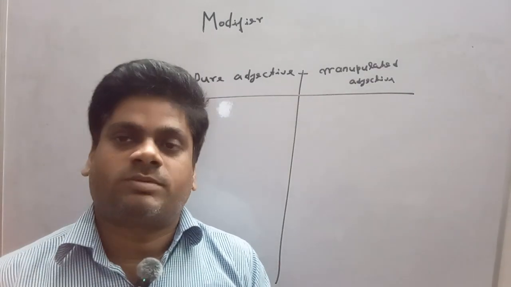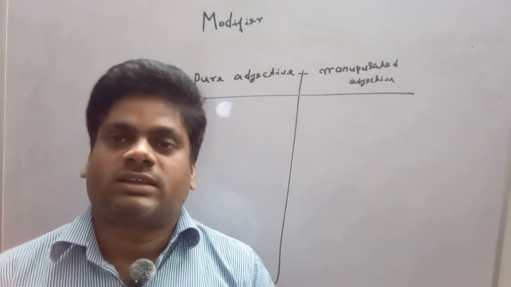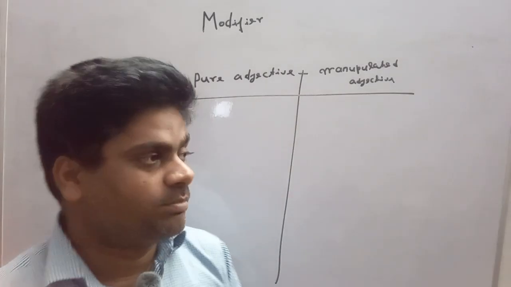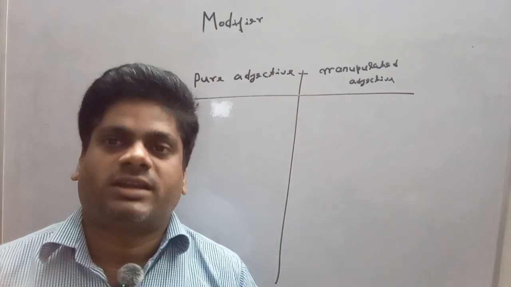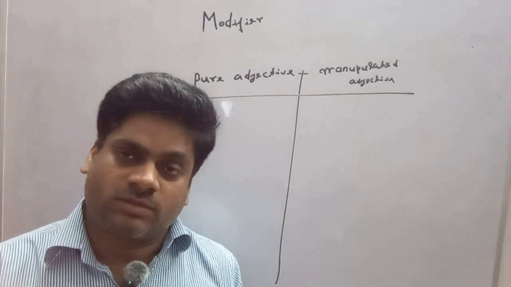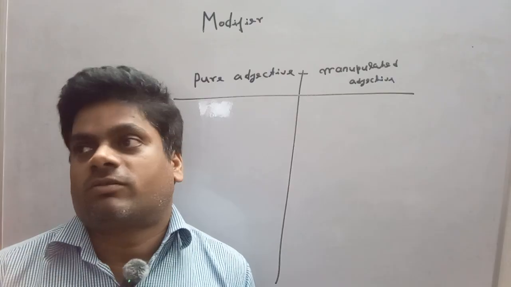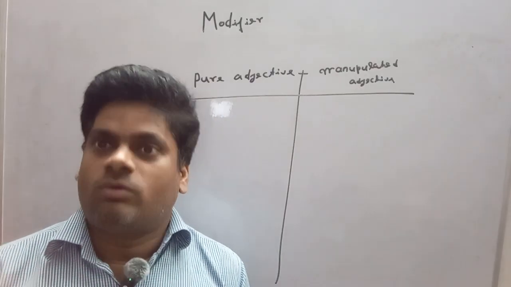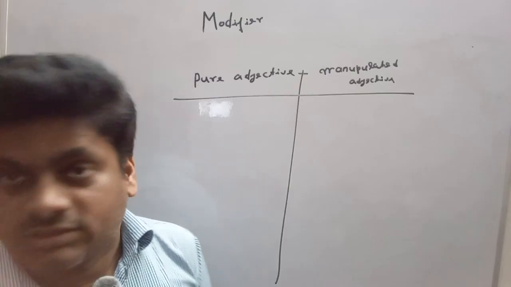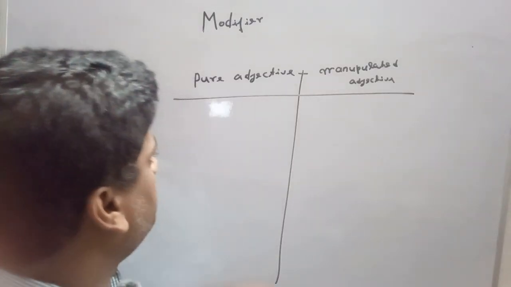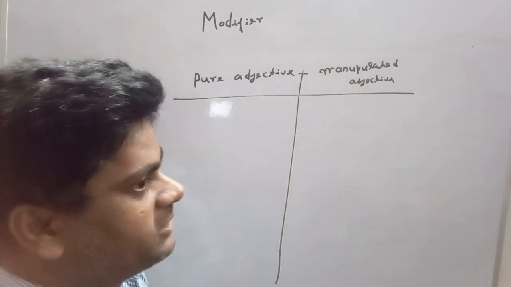Out of the structure of a sentence, they cannot work as an adjective. But pure adjectives can work no matter whether they are working in the structure of the sentence or alone anywhere. So guys, this is the basic difference between pure adjectives and manipulated adjectives.